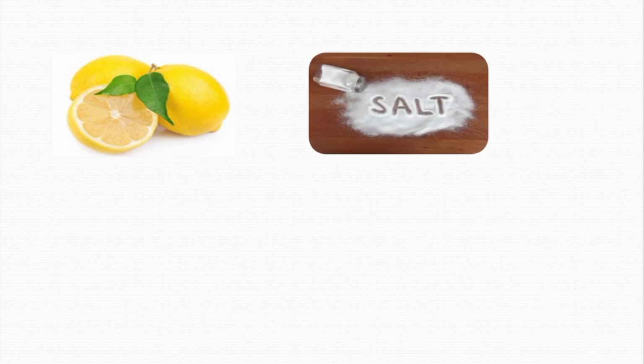Now sour taste is caused by acids and by H-ions, and the intensity of taste is directly proportional to the log of H-ions. Then is the salty taste. As you know, it is caused by ionized salts, and usually the cations of the salts, especially sodium, are mainly responsible for the salty taste, but the anions also contribute to a lesser extent.